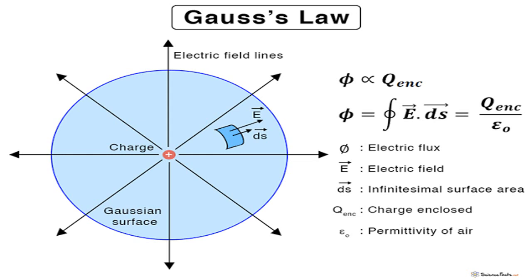That normal makes area a vector quantity. Ideally, area is not a vector quantity, but because of the presence of a normal that is always perpendicular to it, it becomes one. So if flux is the product of electric field and area, flux is a scalar quantity, electric field is a vector quantity, and area here is a vector quantity as well. If the normal is at 0 degrees to the field lines, you have maximum flux.